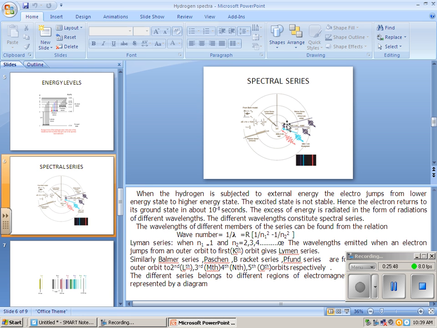When the electron jumps to the first orbit from higher orbits, from the second orbit, third orbit, fourth orbit, fifth orbit, like that, that belongs to the Lyman series. Here only two lines are given from higher orbits to the second orbit. You can observe all this here. Three examples are given.